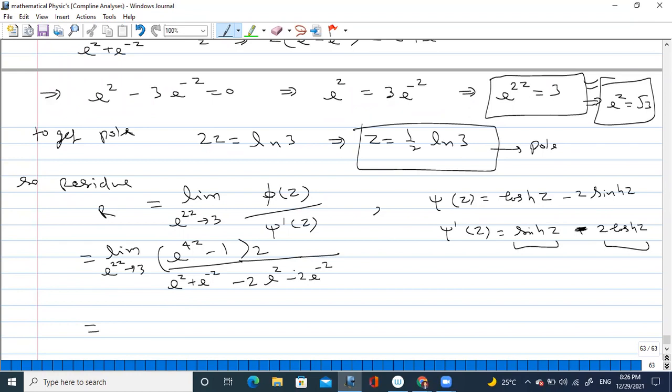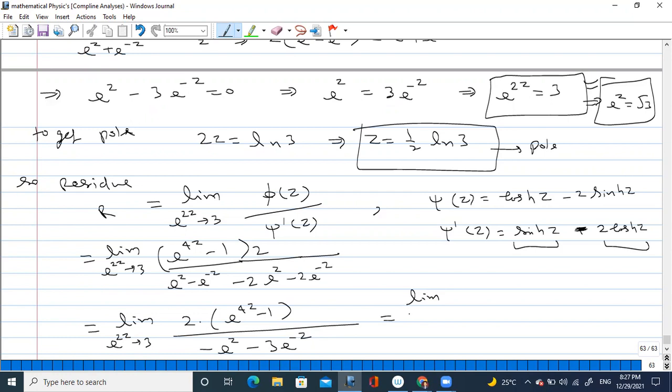So now the limit, e to the power 2z is 3, so this will become twice into e to the power 4z minus 1 divided by minus of e to the power z and minus of 3 e to the power minus z. So from here e to the power minus z you take common, and that will go in the numerator, or you can simply say multiply in numerator and denominator by e to the power z.